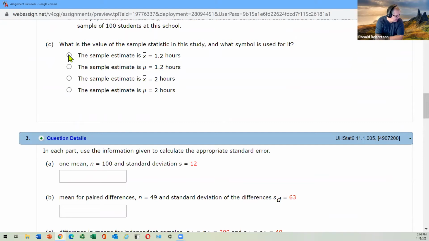So isn't this the sample? Why is that not? That's a population. This is a sample. Do you see the difference? X bar means it came from a sample. Mu came from a population. Are we good with this?